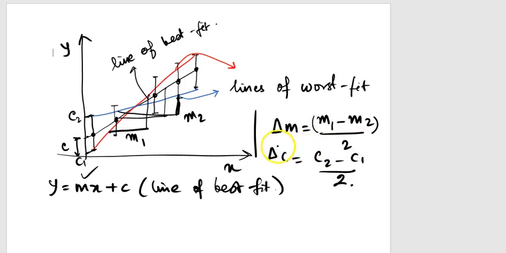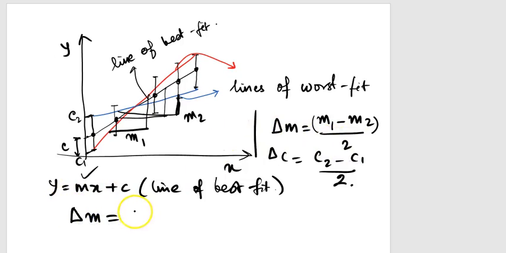Now, remember that those of you who want the easy way out, you can also do something else. You can neglect one of the lines, in fact, and just figure out the difference between the best fit and one of the lines of worst fit, and that would also give you a similar and consistent result.